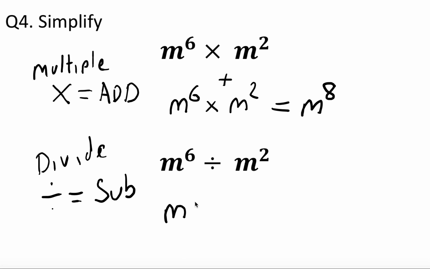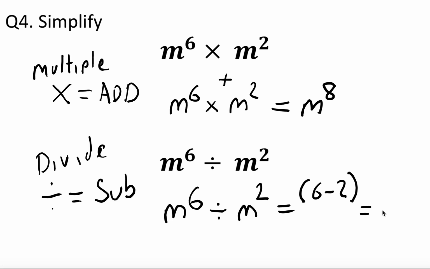So m to the 6 divided by m to the 2 will equal 6 minus 2, which equals m to the 4. So there you go.